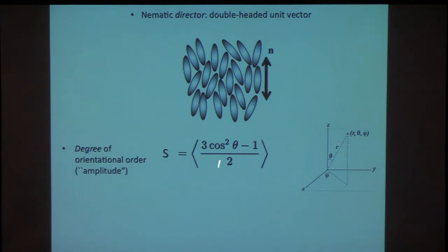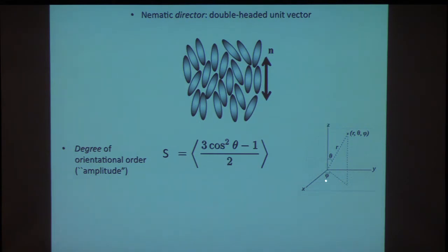Now, this is pretty intuitive. If you go on reading your textbook about nematics, you will next see that you can measure the degree of order. This is the direction of the order, but you can also say how much order there is, and this is how it's calculated: S equals the average of (3 cosine squared theta minus 1) over 2. What does it mean?